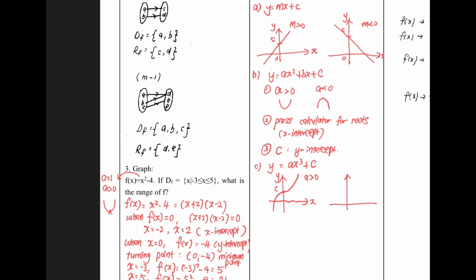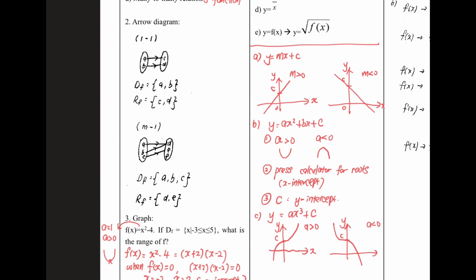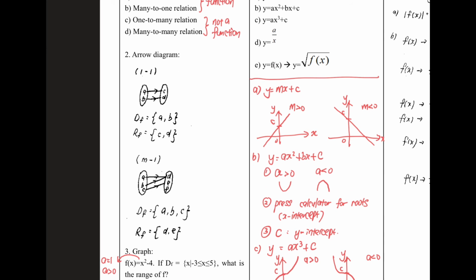So the next situation, if you have a less than 0, then the y-intercept, let's say it is there. So the graph will be like this. It moves down and becomes flat, then it will come down after the y-intercept. So this is the basic for cubic functions. And now let's move on. The next one, D. We have y equal to a over x.